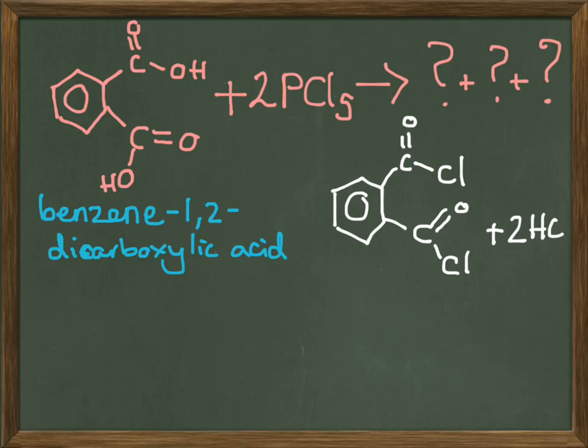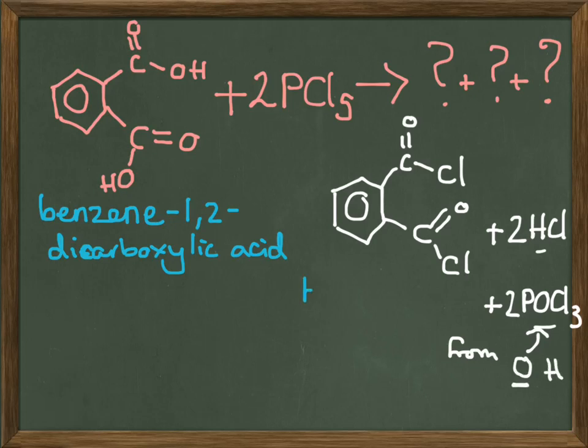So I'm also going to get 2 moles of HCl gas being produced, vapour, and 2 moles of POCl3. Okay, so the oxygen, remember that's from the O in the OH. So that's benzene 1,2-dioyl chloride, your product. You should have got that name. Well done if you got that name.